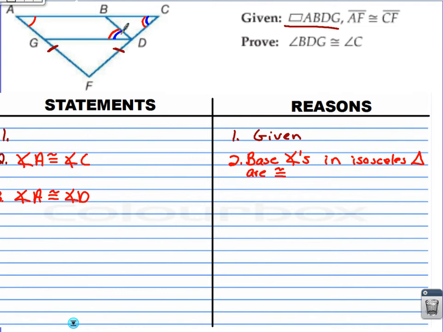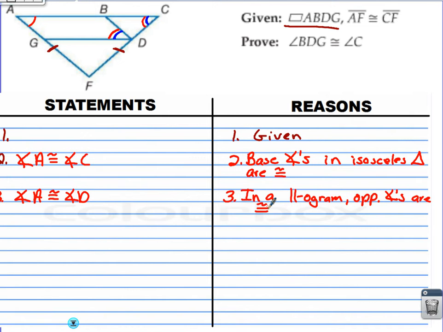And what kind of angles are those? In a parallelogram, I'm just going to put in a, let's call it a parallelogram. There we go. That's a good abbreviation, right? Parallel lines, parallelogram. In a parallelogram, these two angles would be your opposite. Opposite angles are congruent. Nearly done already, right?